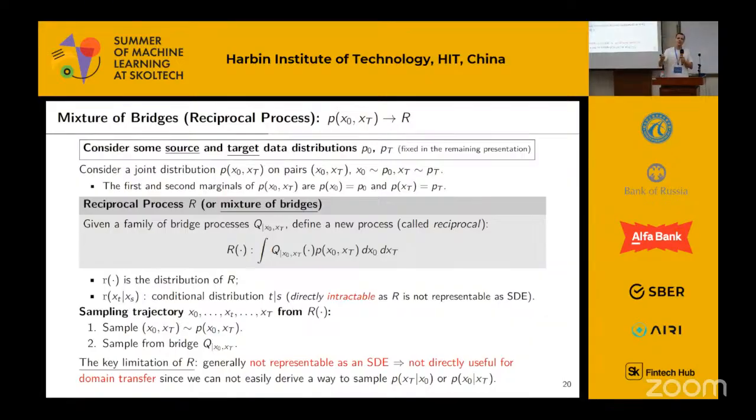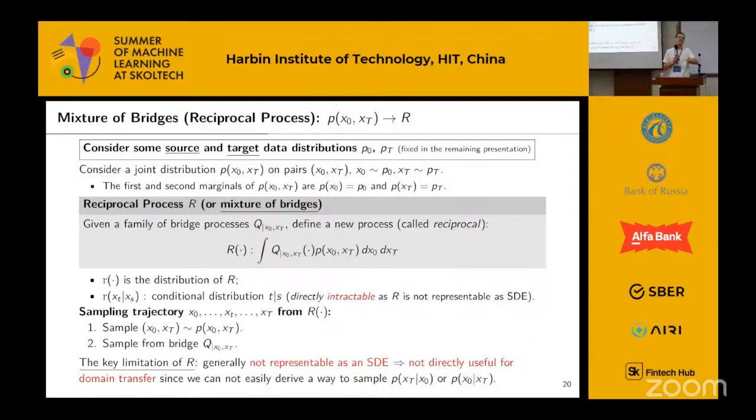What do we need to do in generative modeling? We need to take as input a point x0 and generate some point x1 corresponding to this point. With this process, we cannot do this because to build a trajectory of such a process, we need to have both the input point and the end point.